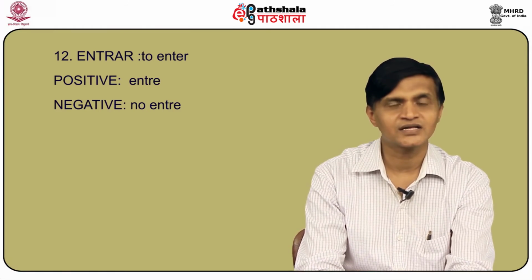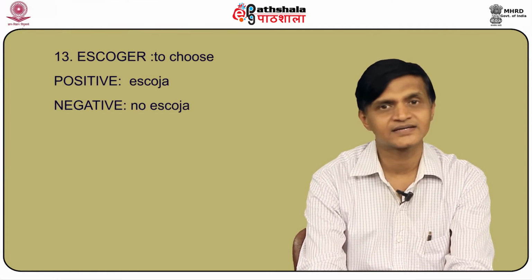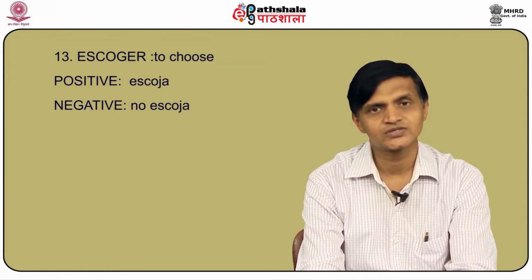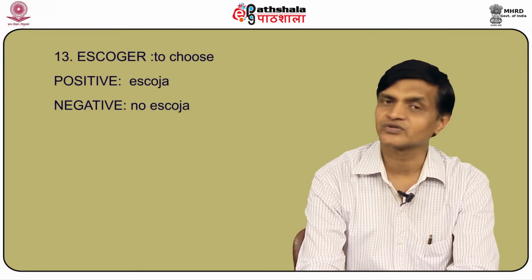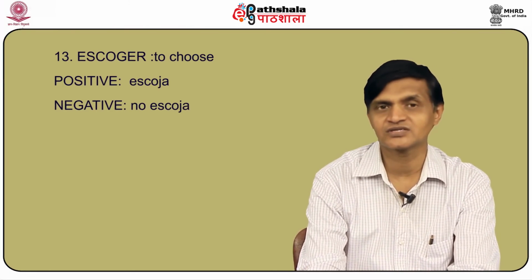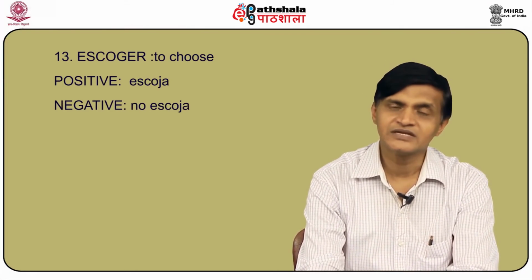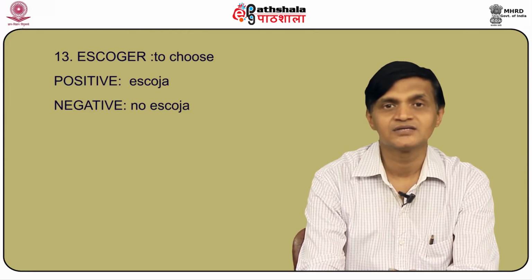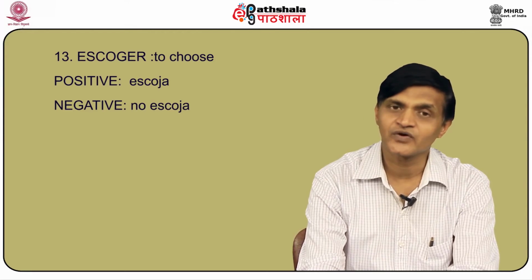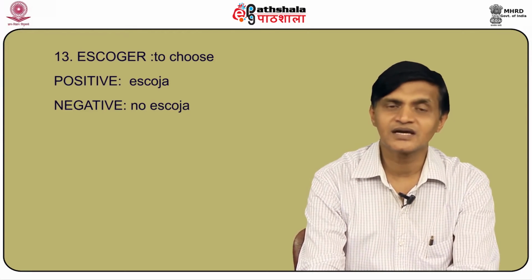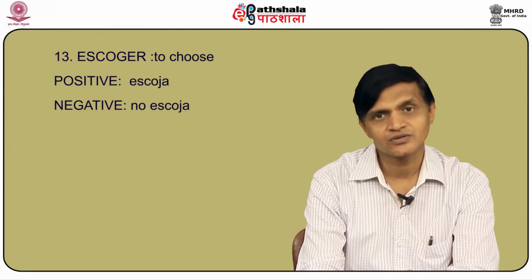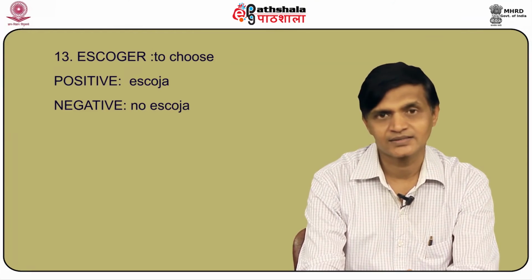Let us talk about another verb like escoger, which is to choose. How do we do it? We follow the same pattern that we've been talking about in the last few minutes. Escoger, the positive command usted form would be escoja. The negative command in usted form would be no escoja.